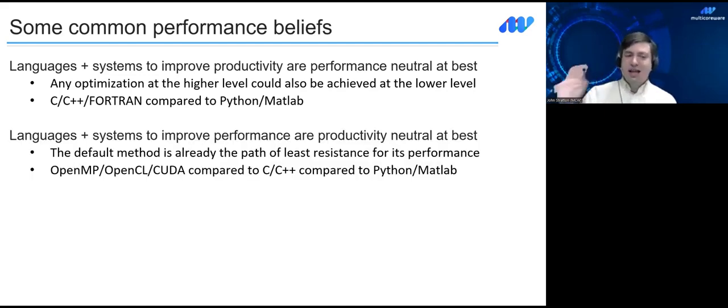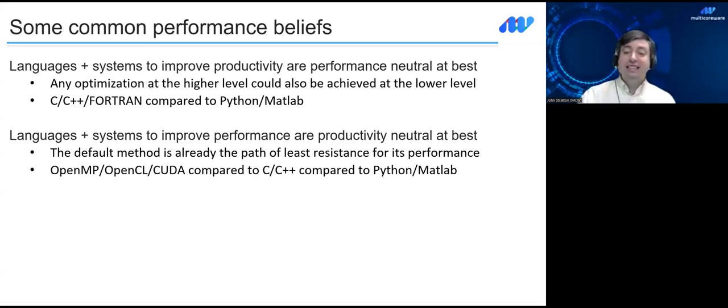Another belief is that languages and systems to improve performance are going to be productivity neutral at best. And this is kind of the efficient market hypothesis that says, well, the default method, the state of the art, is already the path of least resistance for the performance that you get with that path. And this also makes sense. If you look at languages like C and C++, they are already well refined. They have decades of history built into them.